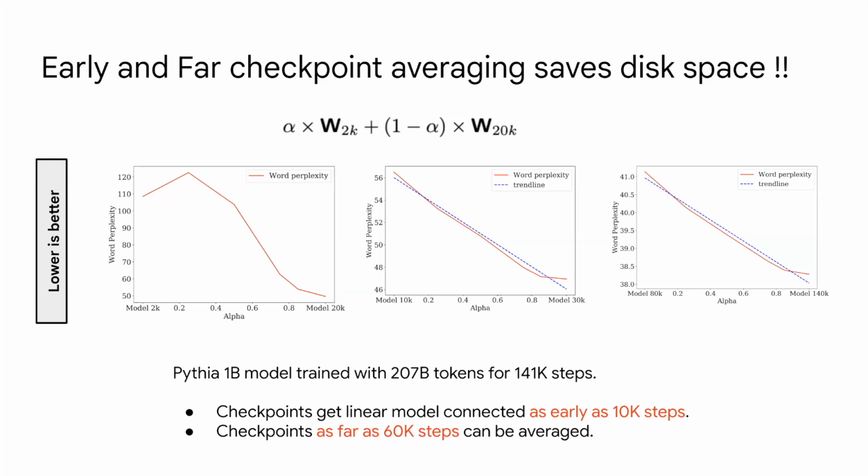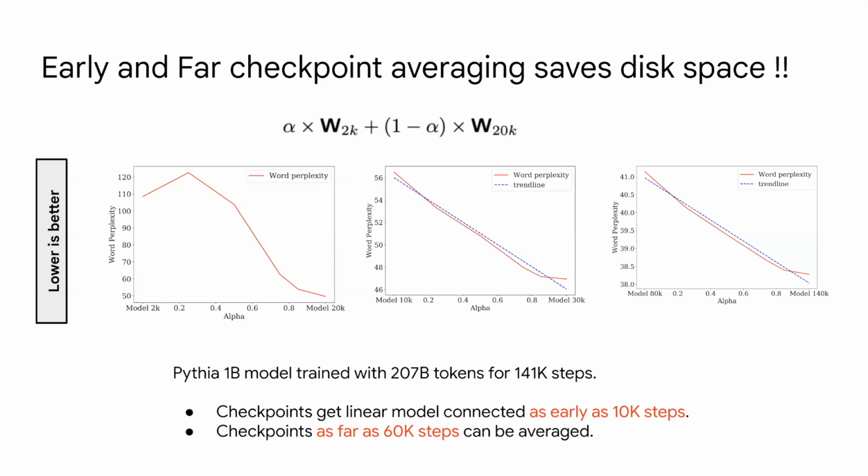Are these conclusions specific to GPT-2 and the data you're using and the learning rate, or do you think it's pretty general? The conclusion with the exact number of steps, this early and far conclusion, what can you be specific on in this question? Two bullet points: as early as 10K and as far apart as 60K. As early as 10K, this specific number of steps we have seen in the Pythia 1B LLM, which is trained with the Pile data set of 207 billion tokens.